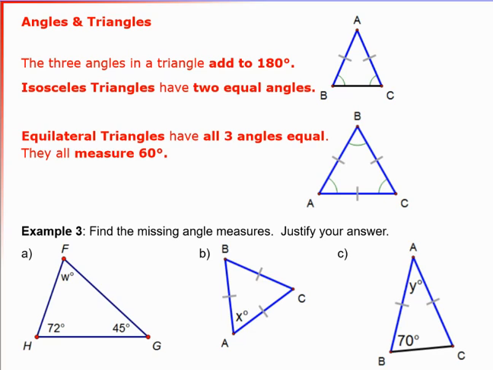Okay, so all of these angles should add up to 180. All right, we have different types of triangles. The first one we are talking about is an isosceles triangle, when they have two equal angles. So we can see by the indicators, this line and a single line here and a single line here, because they're the same, those two angles are the same.